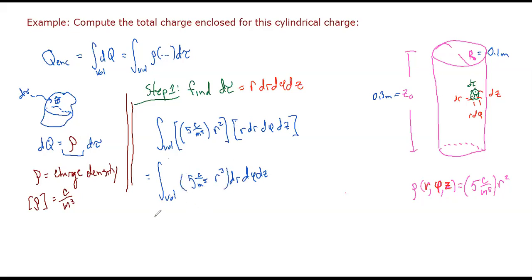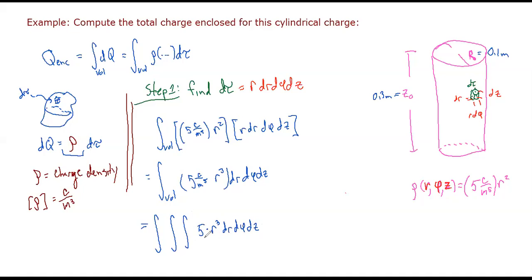And then I have limits. We could go from 0 to r naught, 0 to z naught. I'm just going to make sure I order them properly. What are the units on the phi integral? I chose radians. Yep, should be radians.